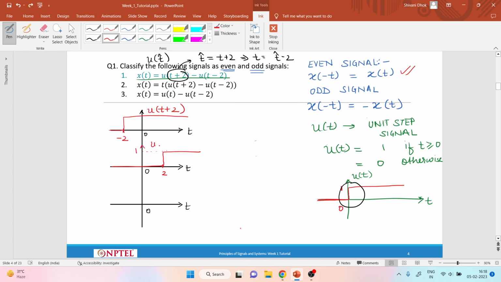Our x of t is u of t plus 2 minus u of t minus 2. So it is the difference of these two signals. So our x of t will be starting from minus 2 and going till 2.